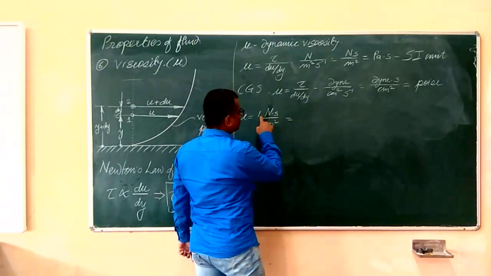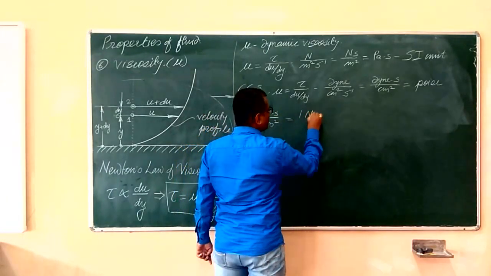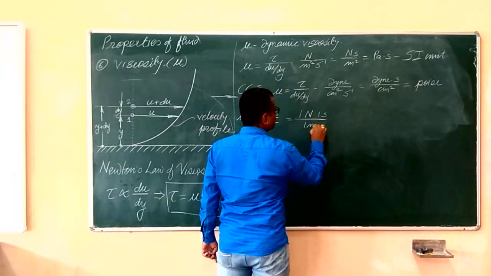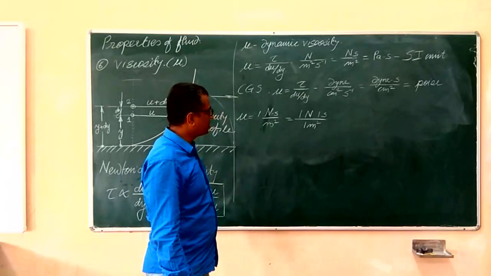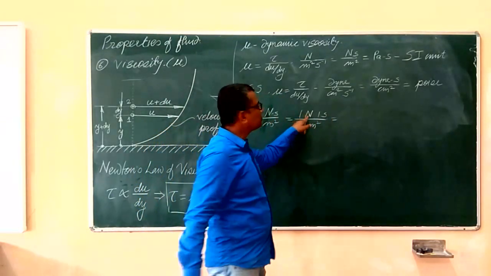I can write 1 Newton second per meter square as 1 Newton into 1 second divided by 1 meter square. There is no meaning in this step, just to simplify it, I expanded it. Now we know 1 Newton is equal to how much dyne?